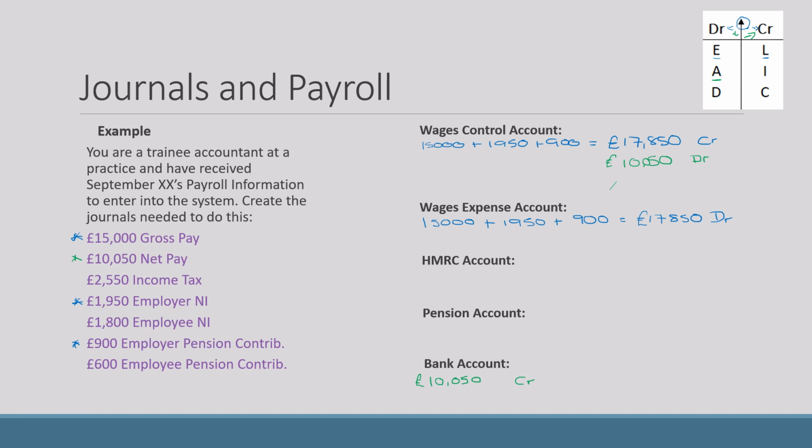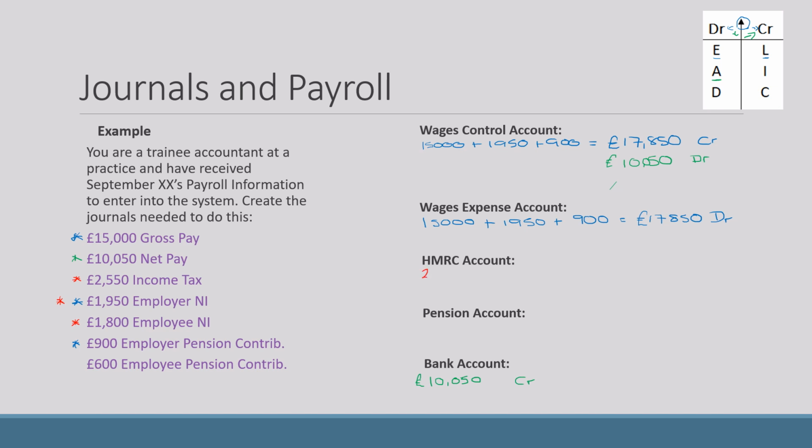So what we pay over to HMRC is the income tax, the employer national insurance contribution, and also the employee national insurance contribution. So all three of those are going to be put into our HMRC account because that's what we have to pay over as the business. That's what we have to pay to HMRC on behalf of ourselves and of our employees.